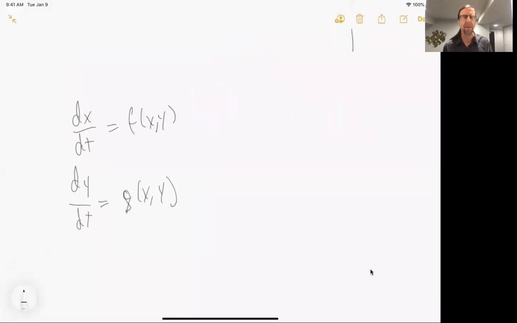Okay. Then the point is, we might have a few equilibrium points. So we might have equilibrium points at x0, y0, and at x1, y1, etc. Right? Well, I have a whole list of equilibrium points now because it's not a simple linear system anymore. A simple linear system just has a single equilibrium point at the origin.